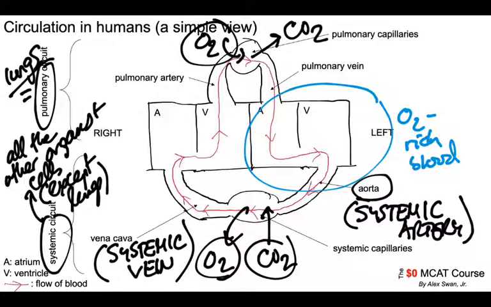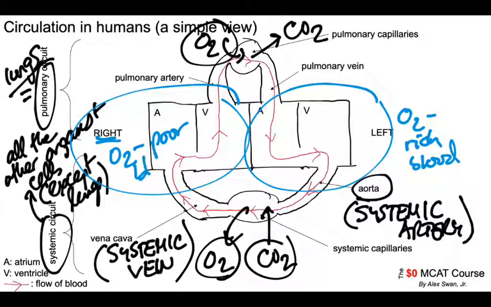And we can see that since this blood is oxygen poor, the entire right side of the heart is going to contain oxygen poor blood. So we have the left side of the heart that contains oxygen-rich blood, the right side of the heart that contains oxygen-poor blood. Now that wasn't too bad, was it?